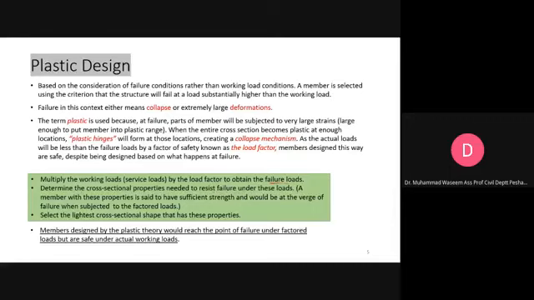Members designed by the plastic theory would reach the point of failure under factored load, but are safe under actual working load. As I told you, the loads in the member will be service loads, but you enhance the actual loads so that they correspond to the plastic region of your member.